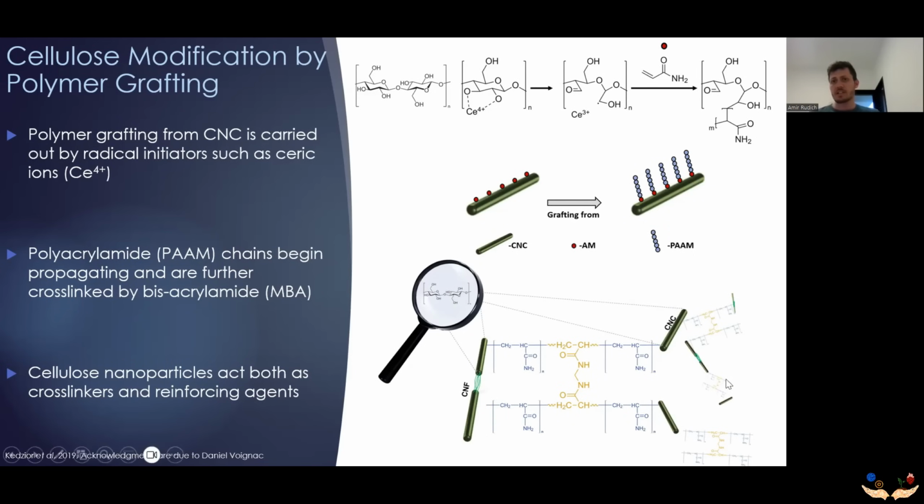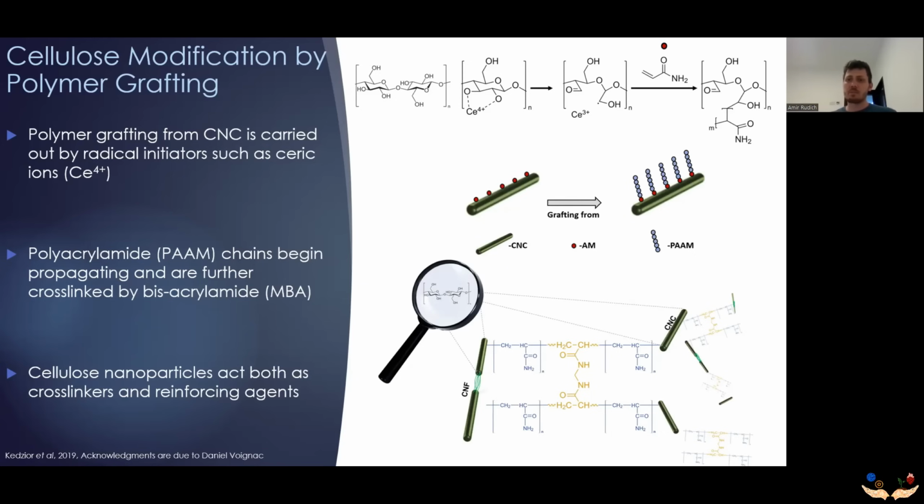In our case, we're grafting an acrylic monomer, acrylamide, which can be seen in the top image. What we end up with are our cellulose particles onto which we have actual initiation sites of acrylamide.